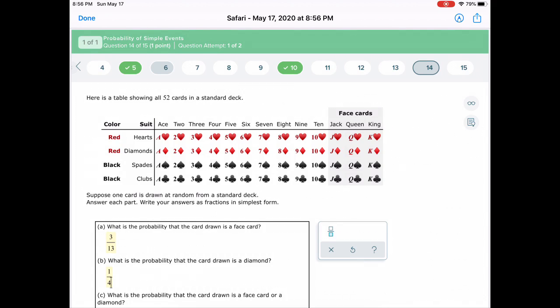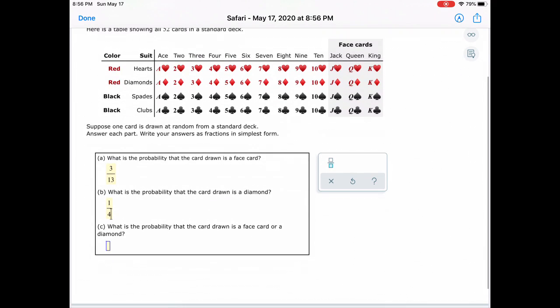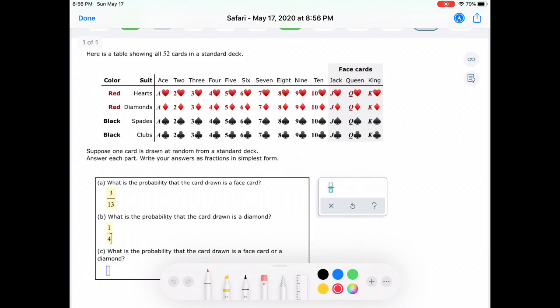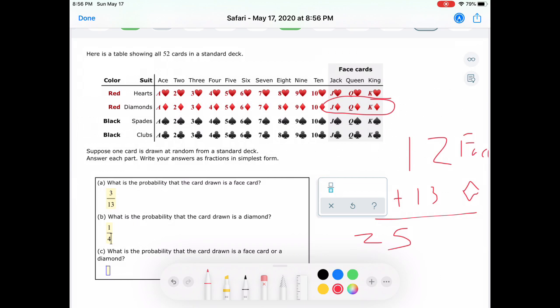There are 12 total face cards in the deck, and then there are also 13 diamonds. Don't make the mistake of saying that's 25 total cards, because the Jack, Queen, and King of Diamonds were counted twice in that situation. So we can subtract those 3 cards of overlap.